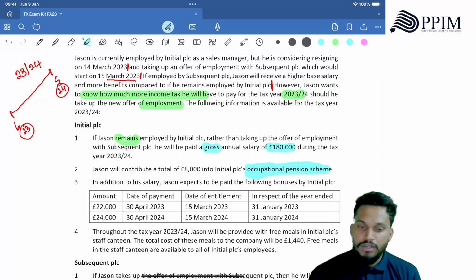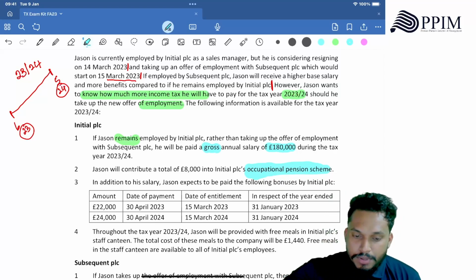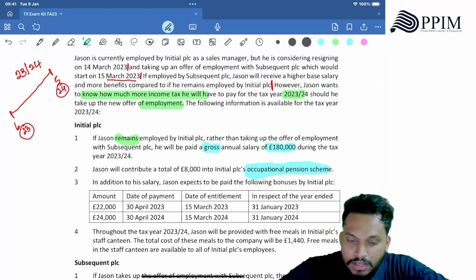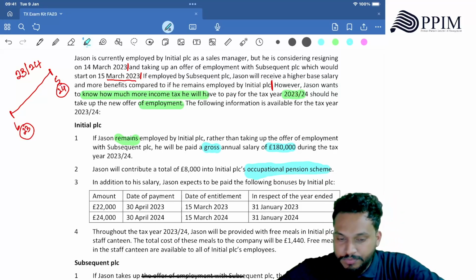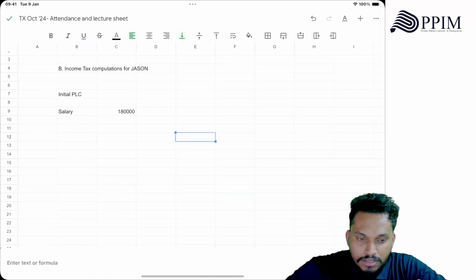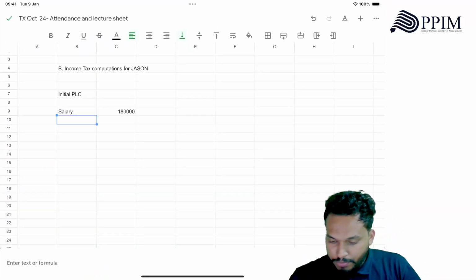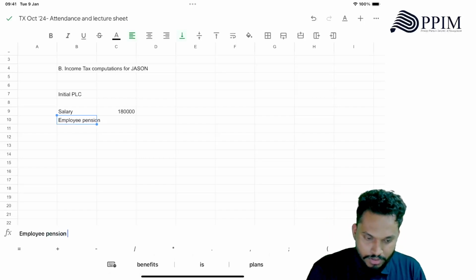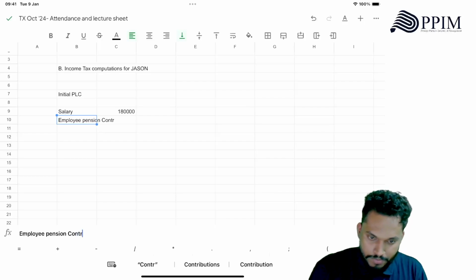Okay, fine. So now what happens? Jason is contributing to his employee pension scheme 8,000. Okay, fine. So then, which means it's an employee pension contribution.